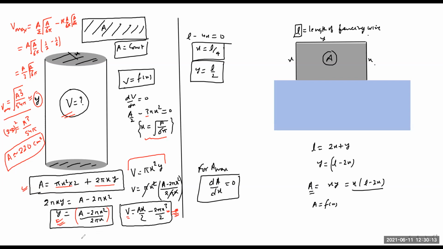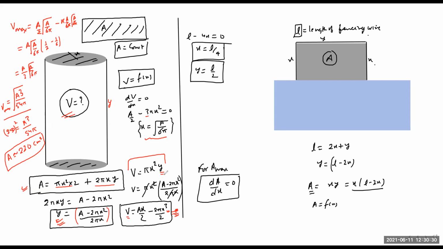So he's asking why y is considered as volume, but no, I haven't taken y as volume. Y is the height of the cylinder. Yes, sir, you substituted the value of y in the volume formula. Yeah, so this is the y.